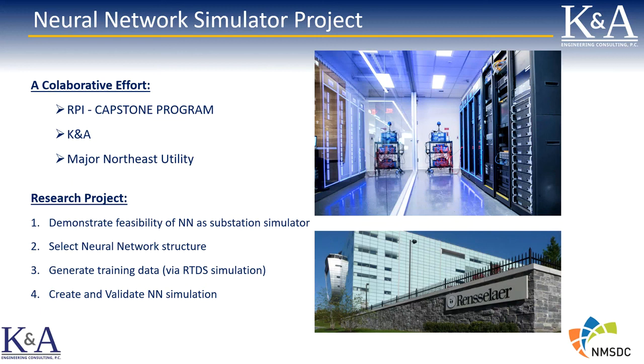And as part of this process, we have to decide what type of neural network structure we want to use. That's the job of the Rensselaer students, to figure out the proper network, because there's an entire zoo of different types of networks out there. So we have to select the correct one. And then once we build the network, we have to train it to simulate the substation. And then we have to validate it. Next, please.